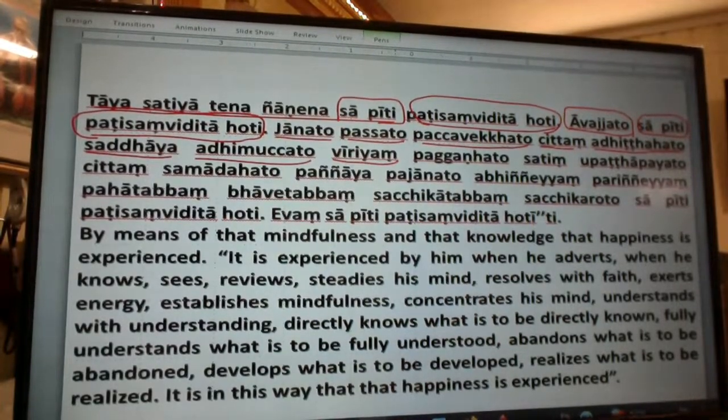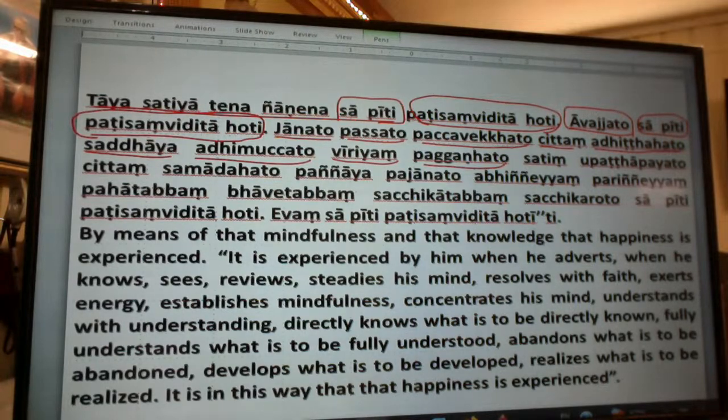Viriya is effort. Pakkanato means take effort. Whatever we do, we need effort, isn't it?